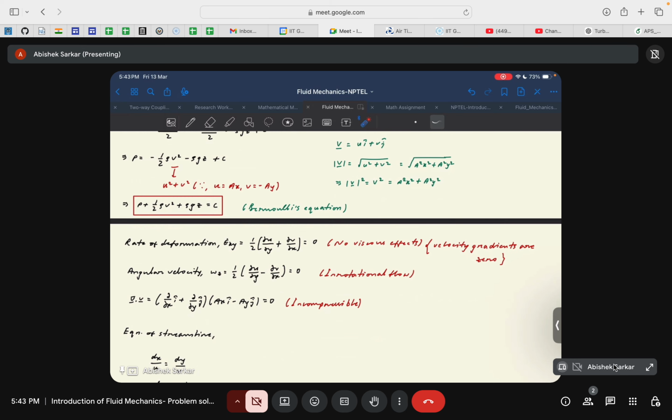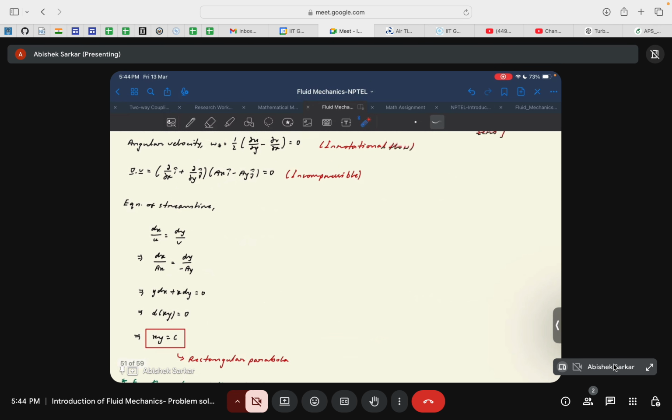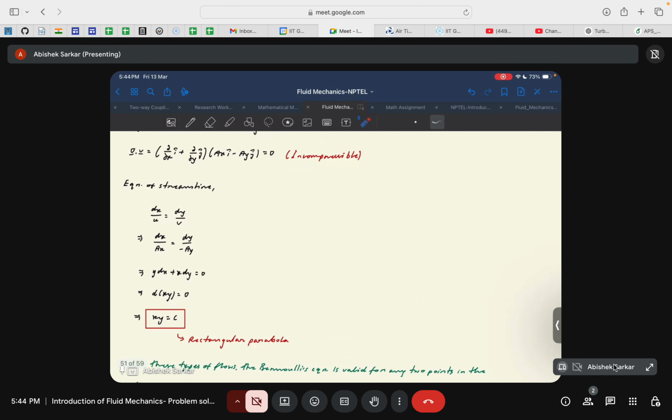And we will eventually see that to derive the Bernoulli's equation, we impose certain assumptions, among which incompressibility and irrotationality turn out to be fundamental assumptions that we use, okay.